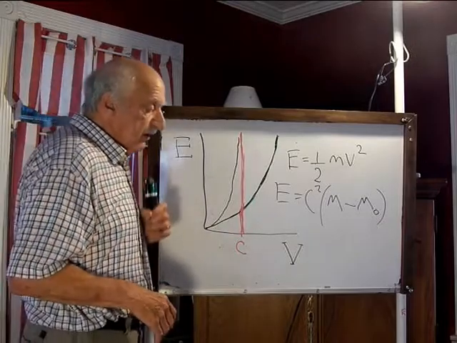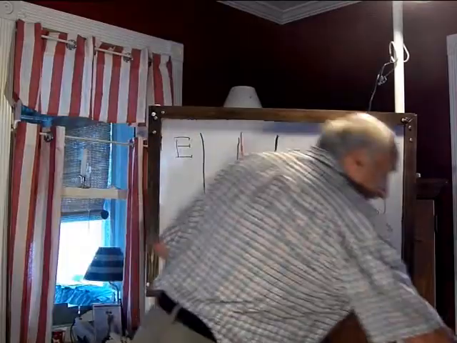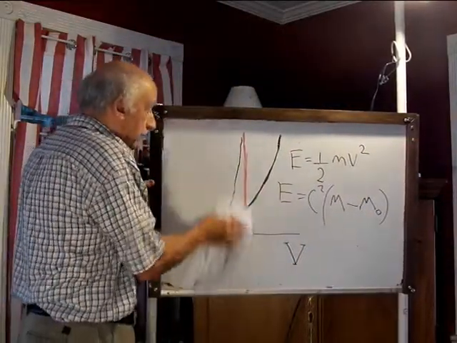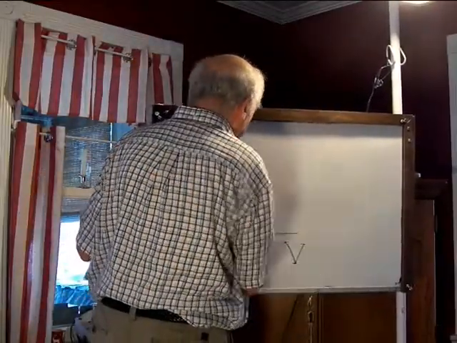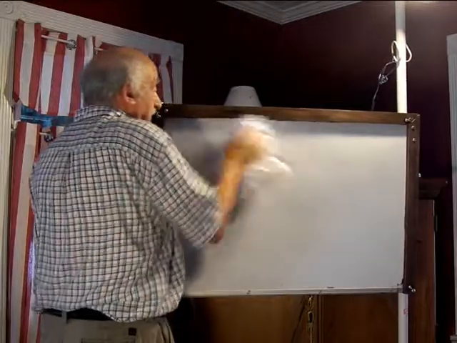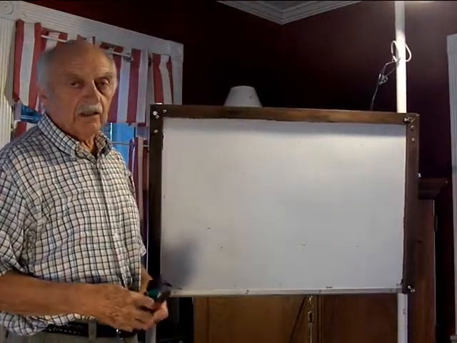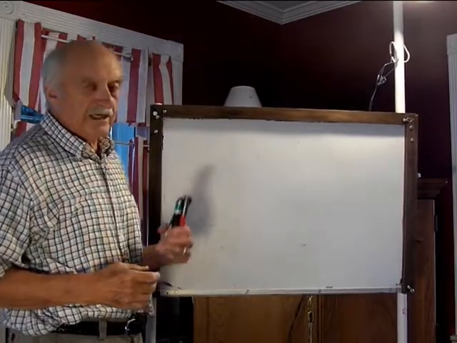So I'm going to now talk about what is mass if it's not the amount of matter. First of all, I'm sure you know that there are different kinds of variables that represent quantities, and some of these are said to be absolute and some are said to be relative.